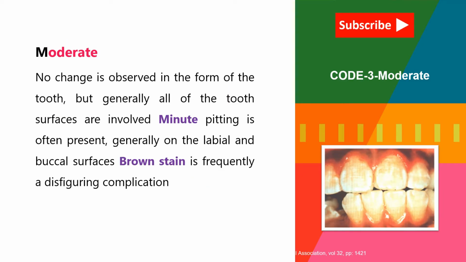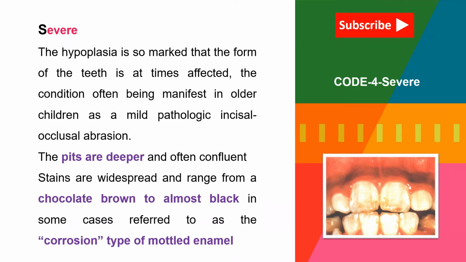The next score is moderate. No change is observed in the form of the tooth, but generally all the tooth surfaces are involved. Minute pittings can be seen here, and even some more frequent brown stains are present on the tooth surface. Coming to the next category and the last one, that is code 4, severe. The hypoplasia is also marked, so that the form of the teeth is at times affected, the condition often being manifest in older children as a mild pathological incisal occlusal aberration.